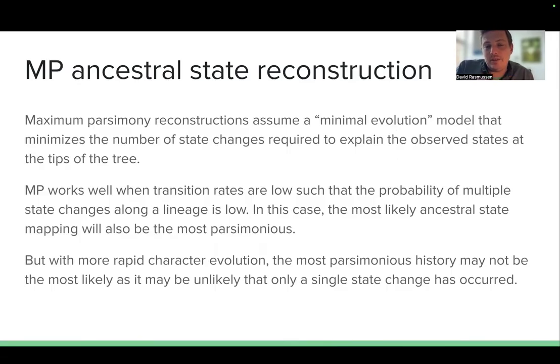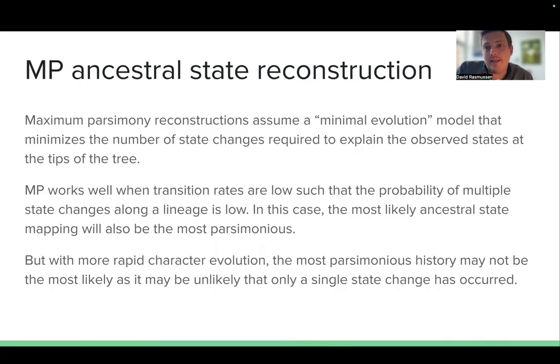And maximum parsimony actually works very well when the rates at which changes are occurring are quite low. In that case, you can actually show that maximum likelihood and maximum parsimony reconstructions are consistent. You only really run into problems with maximum parsimony, as I mentioned before, when many transitions at a given site or along a given branch are possible. In that case, the most parsimonious reconstruction might not actually be the most likely reconstruction.